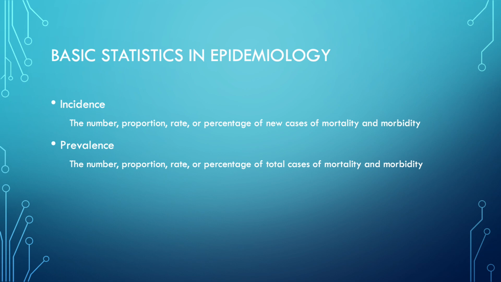We also have prevalence. Prevalence is the number, proportion, rate, or percentage of total cases of mortality and morbidity. These can be examined or calculated in cross-sectional studies. So incidence looks at new cases, prevalence looks at total cases.